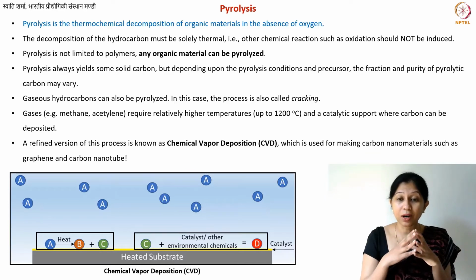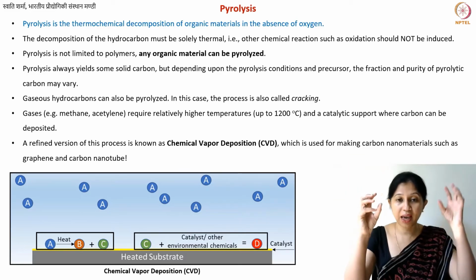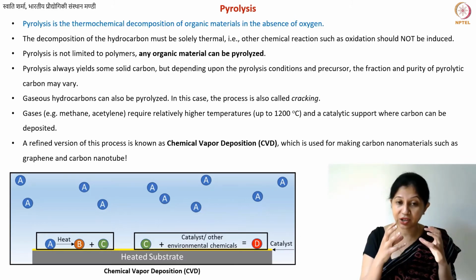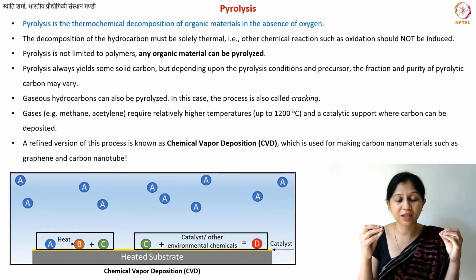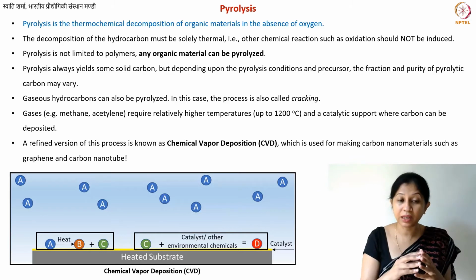If you want something else, you can modify your catalytic support, or you can also add some other support gases or carrier gases with A. Then you can have another chemical reaction where this catalyst or something else from the environment reacts with your material C and gives you some material D. So this is a very general form.